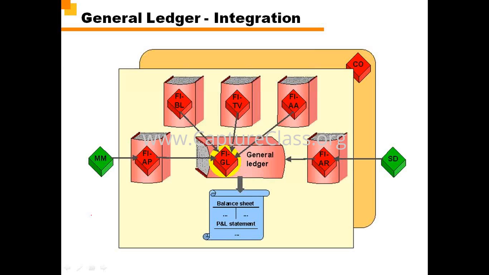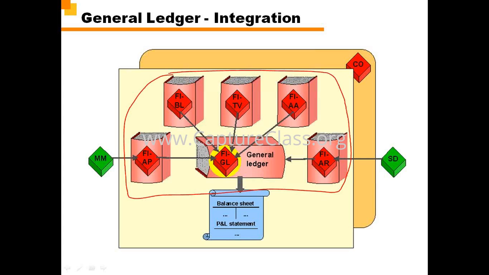Not only the sub-modules of FI, all the modules of SAP like SD, HR, production planning and control, project systems, quality maintenance, plant maintenance, treasury management, are also integrated with the general ledger. See here, whatever modules you are seeing in this pink color box are the submodules in FI.